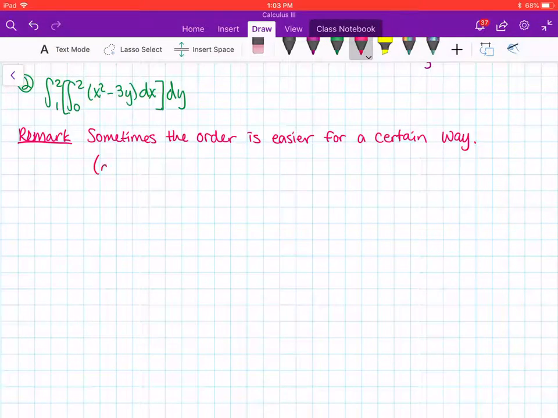So what I mean by that is either dx dy or dy dx. One of the two is going to be easier. Let's actually do an example here where we can show that.